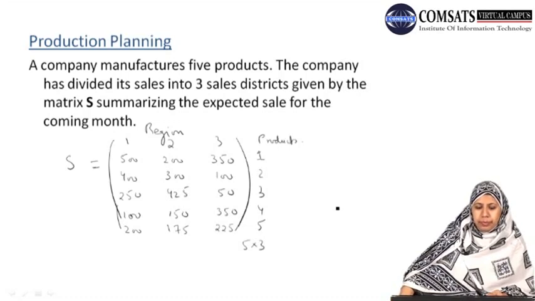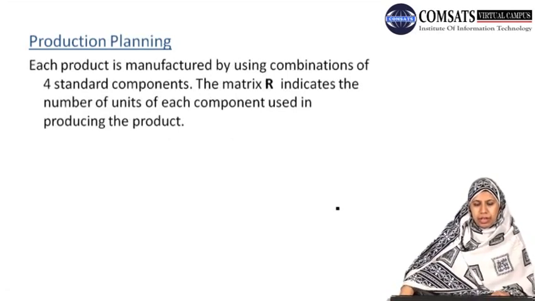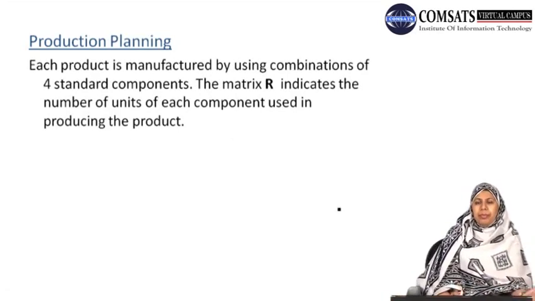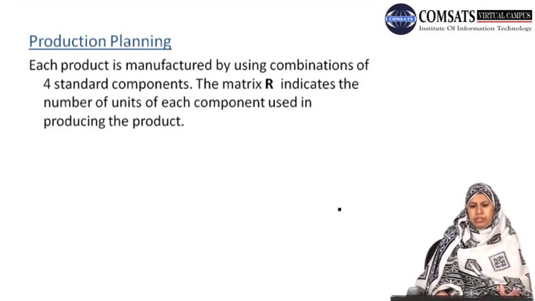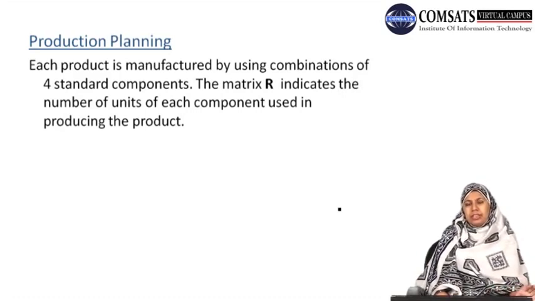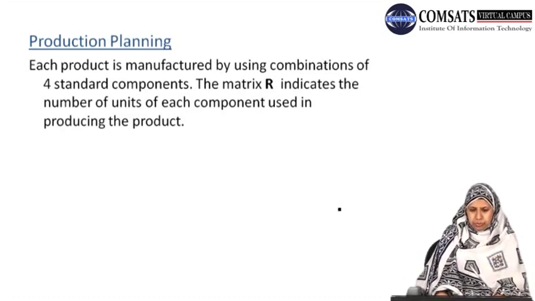Okay. Further information we have that each product, remember the company manufactures 5 products. Now each of these 5 products is manufactured by using combinations of 4 standard components. That is, we need a combination of 4 standard components to prepare our product 1, a combination of 4 components to prepare our product 2, and so on.